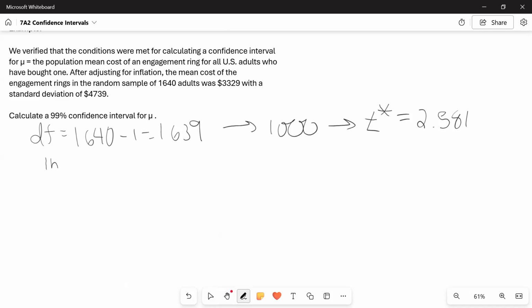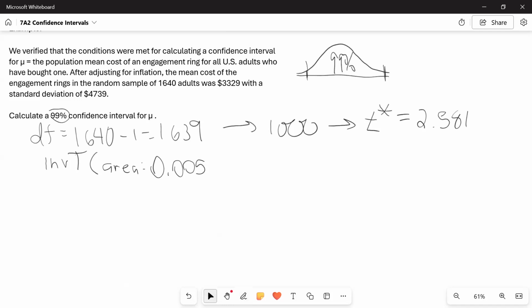So if you do inverse T, the area that you would put in is 0.005. Remember, we're doing a 99% confidence interval. And if you think about the 99% confidence interval, the 99% in the middle leaves 1% on the tails. So this is 0.5% above and 0.5% on the lower tail.